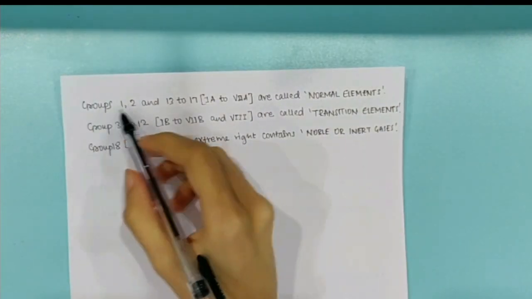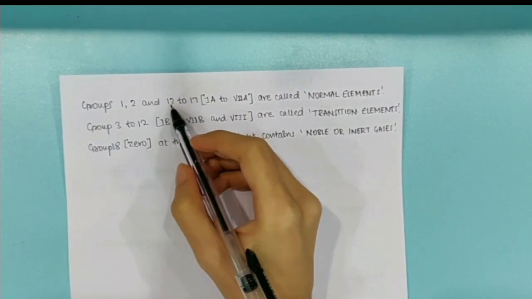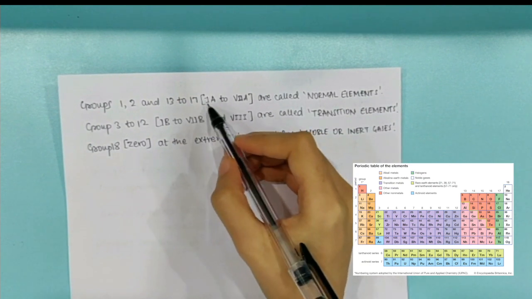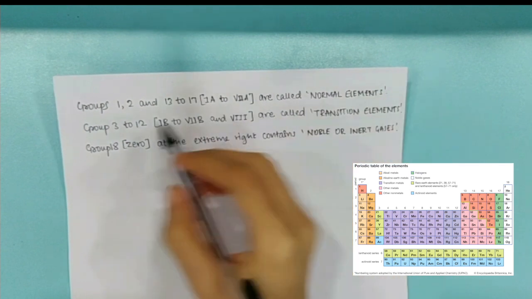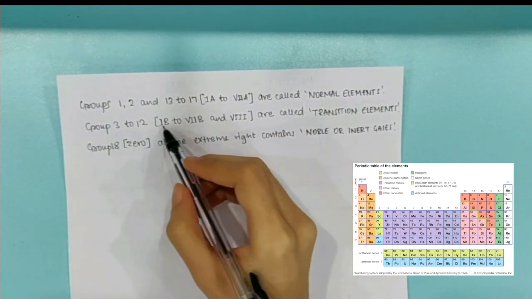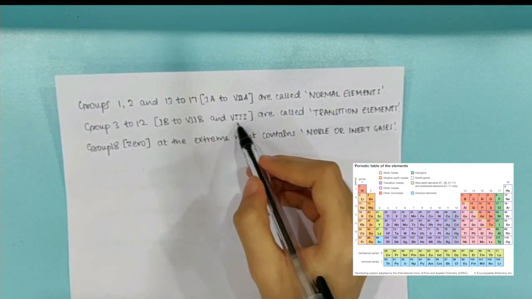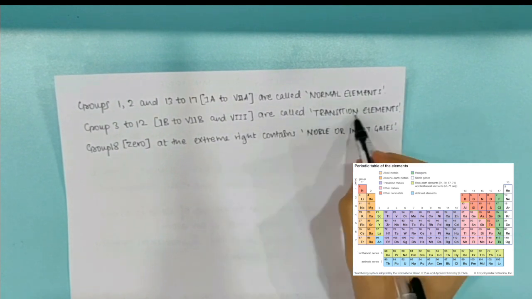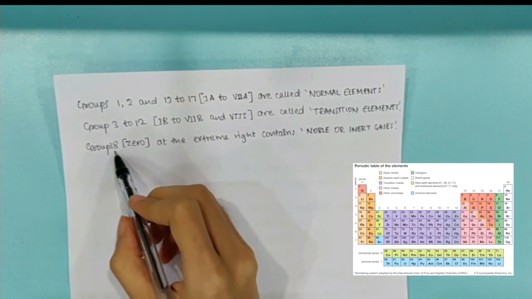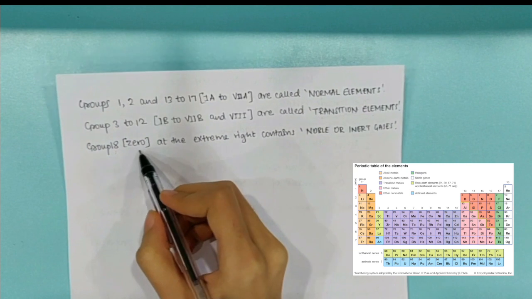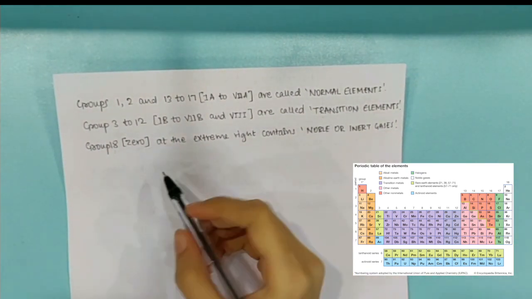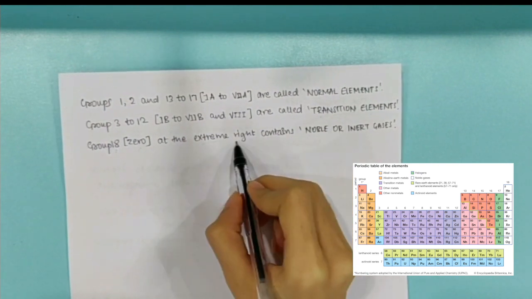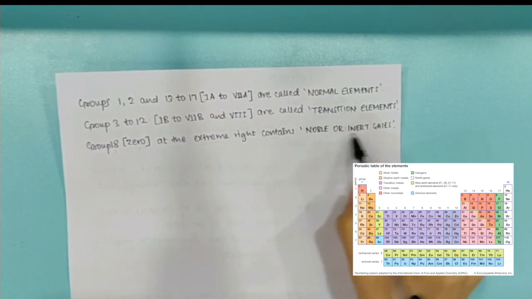So groups 1, 2 and 13 to 17, that is 1A to 7A, are called the normal elements. Groups 3 to 12, that is 1B to 7B and 8, are called transition elements, and group 18, that is 0, also known as the 0 group, at the extreme right in the periodic table, contains the noble or the inert gases.